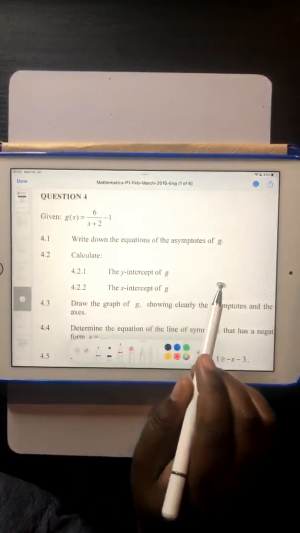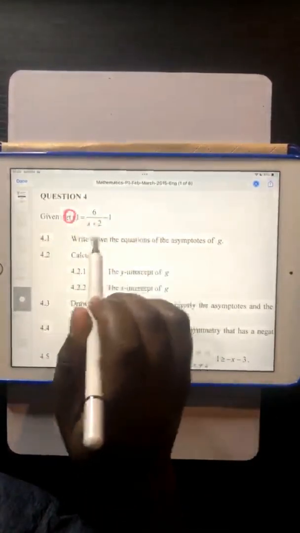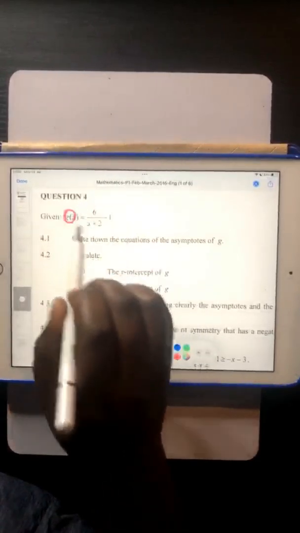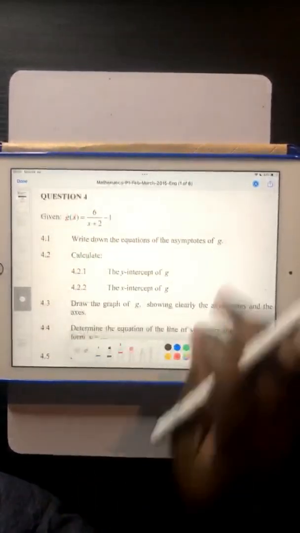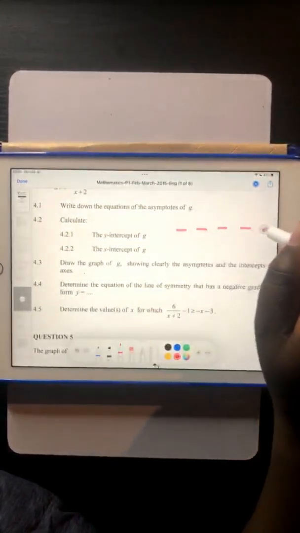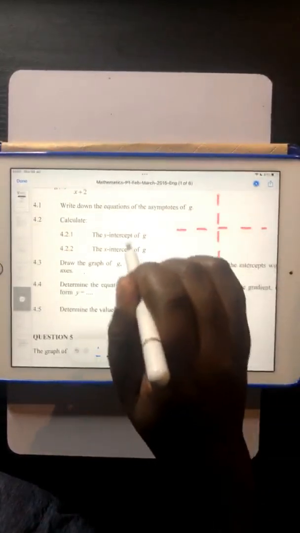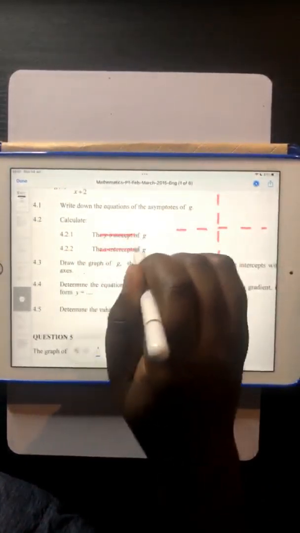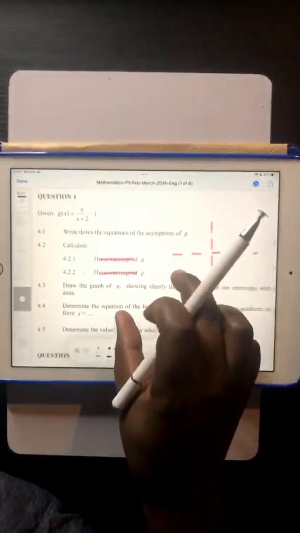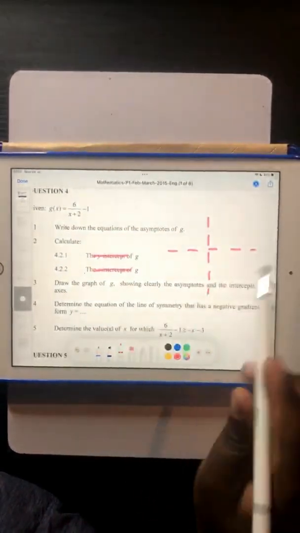That's where y is 0, then you put 0 there and mathematically solve for x. I'm also going to show you that as we continue. So can you see, once you have the asymptotes and then you have the x-intercept and the y-intercept, you can easily do your sketch.